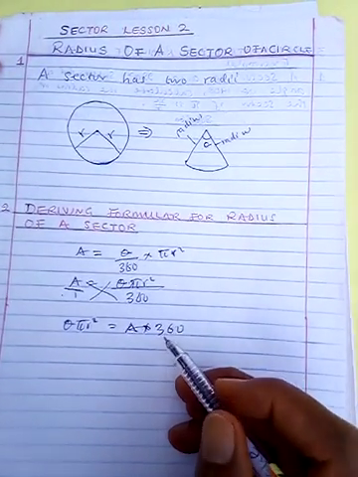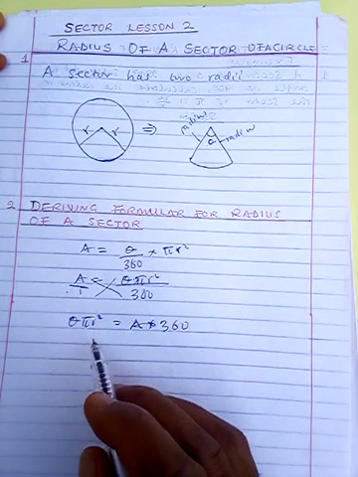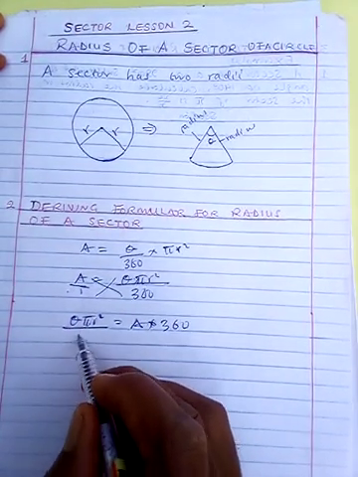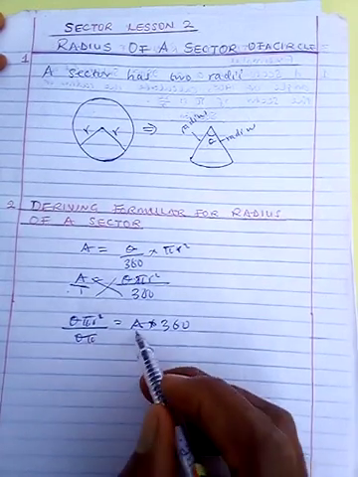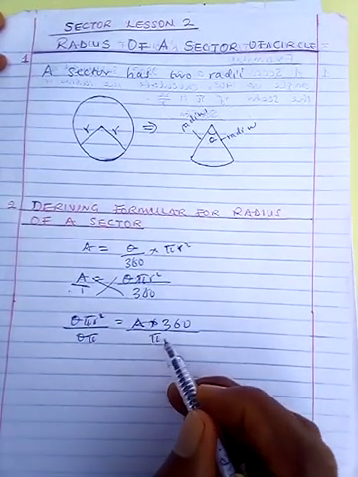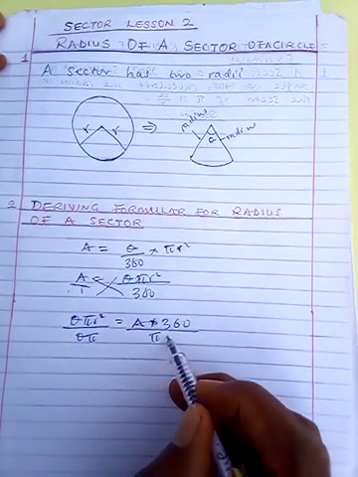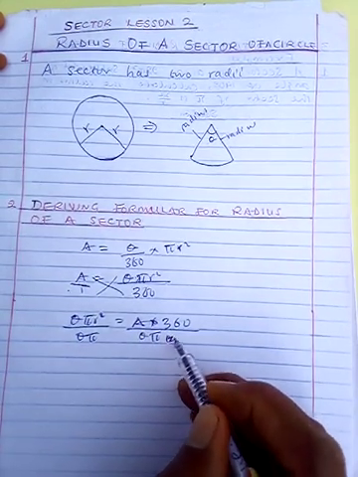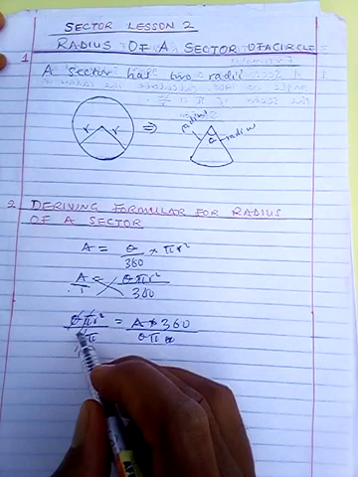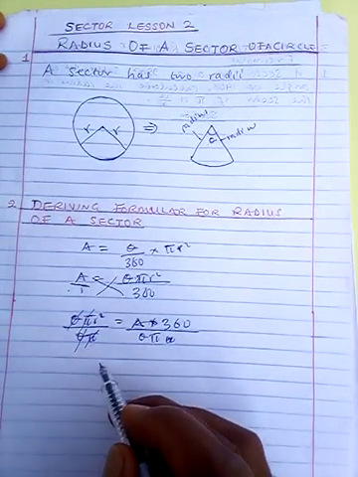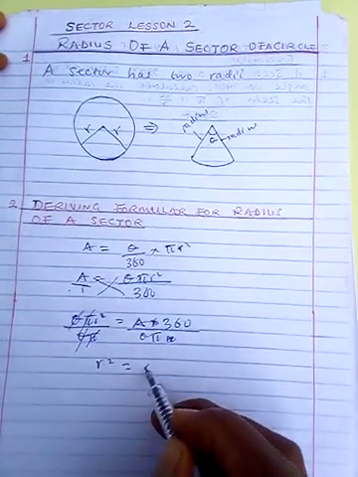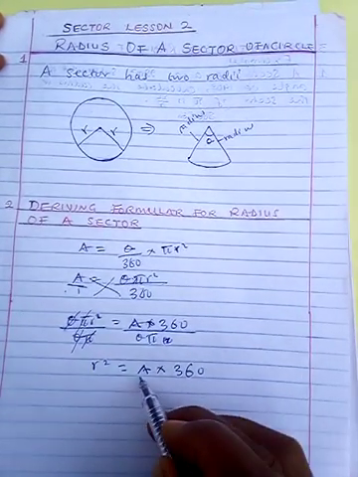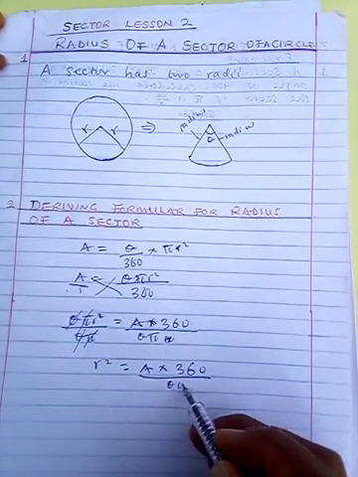So how do we now get our radius? We are going to divide both sides by theta pi. So here theta cancels theta, pi goes with pi, and we are now left with r squared is equal to area times 360 over theta pi.